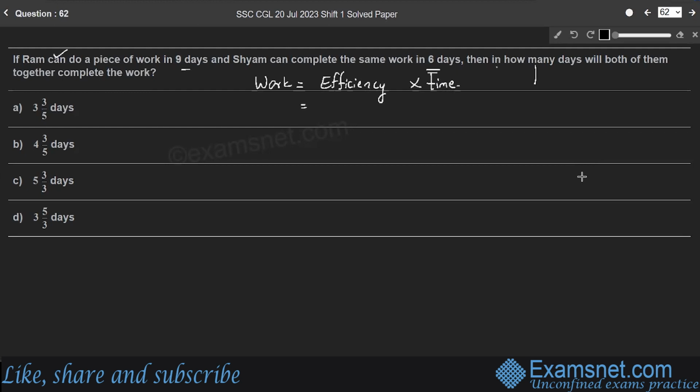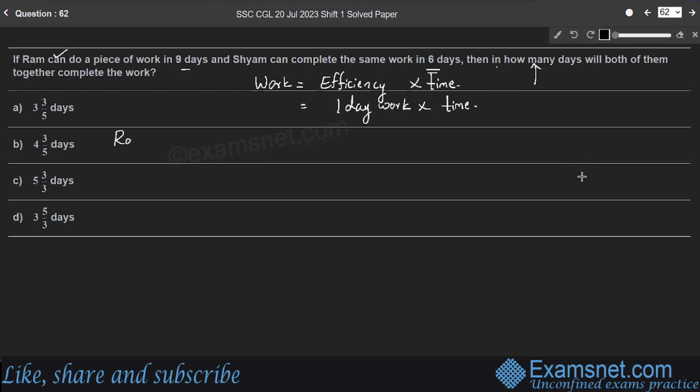So, considering the given question, here efficiency is nothing but 1 day work of the person, right? So 1 day work into time, right? Efficiency is nothing but total work by time taken, which is called 1 day work. Here Ram can do a piece of work in 9 days.